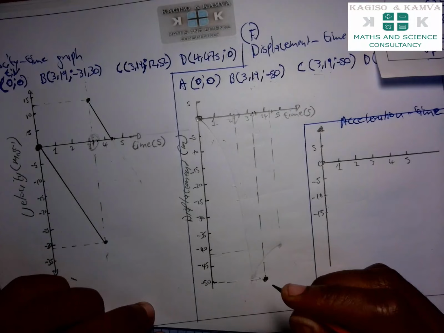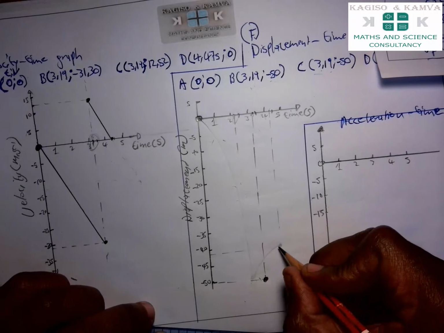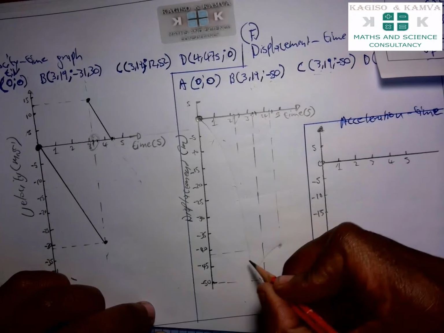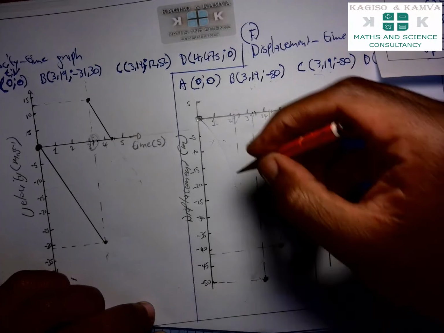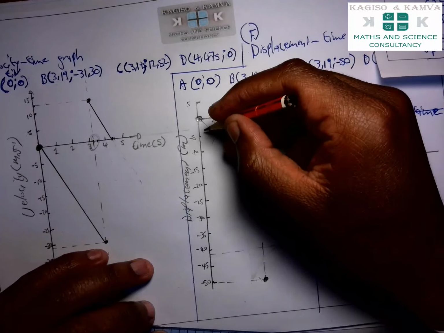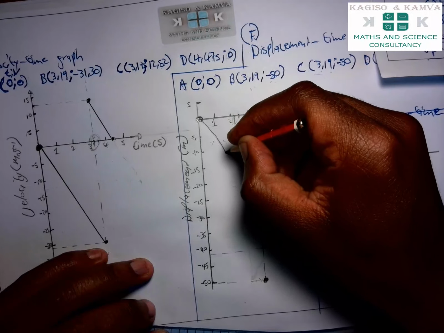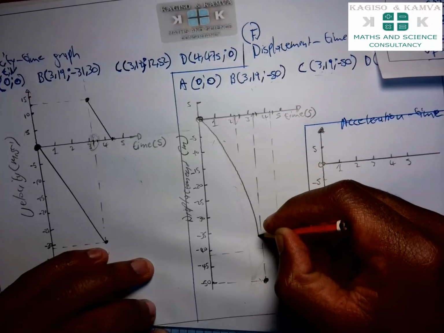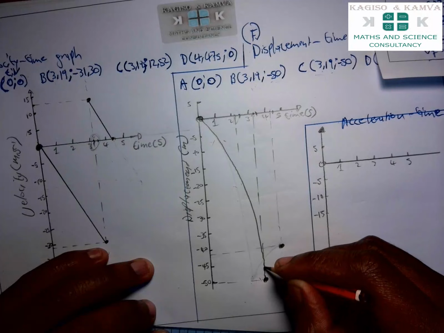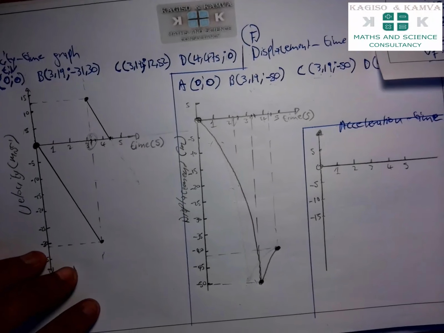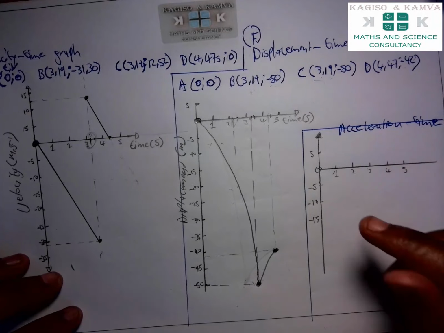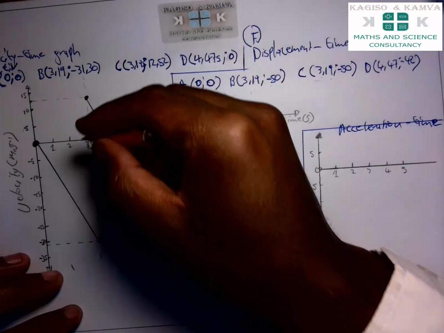Bounces there, and now it comes to negative at that time. So it's going to curve like that to this point until it gets there. But that's how it's supposed to look. So this is where it bounces at this time.